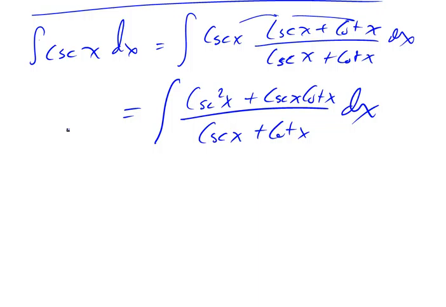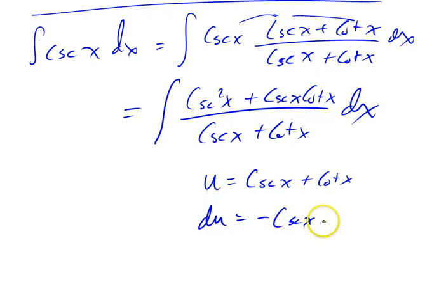Again, just like the previous one, I'm going to do u substitution, where I let u equal the denominator here, cosecant x plus cotan x. Du then is, the derivative of cosecant x is minus cosecant x cotan x, plus the derivative of cotangent x, which is minus the cosecant squared x, this whole thing times dx.